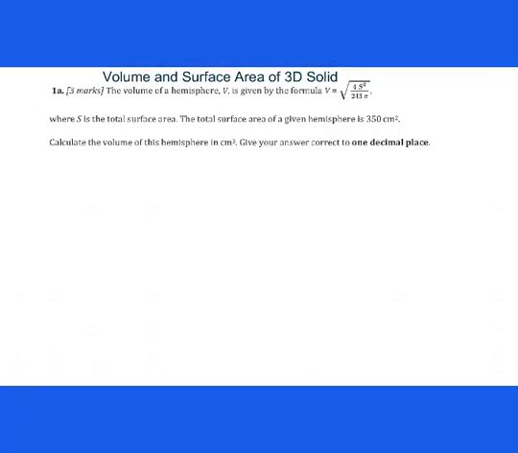This video is about volume and surface area of a 3D solid. For 1a, the volume of a hemisphere V is given by the formula like this, where S is the total surface area.